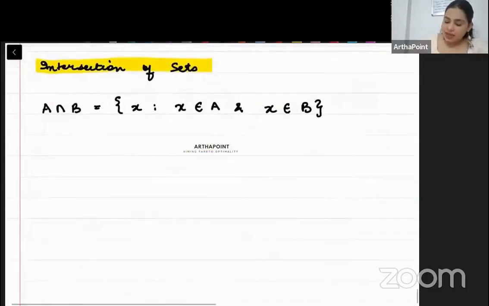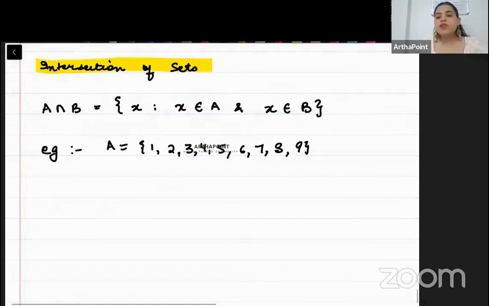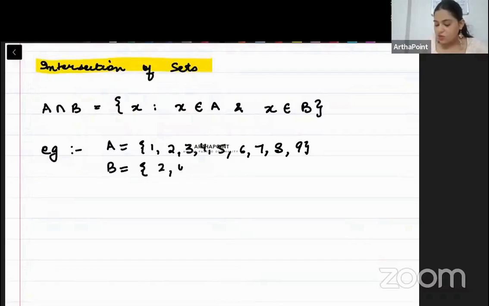So beta ek bari ek example le lete hain. Let's take an example. So let's say that I have A and this A is 1, 2, 3, 4, 5, 6, 7, 8 and 9. And I have B and B are just even numbers, 2, 4, 6, 8 and 10.